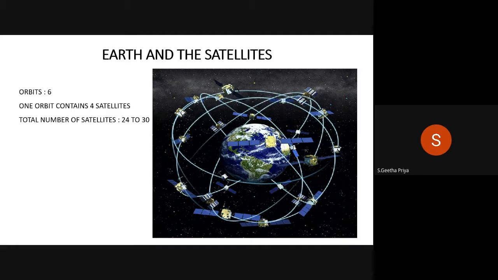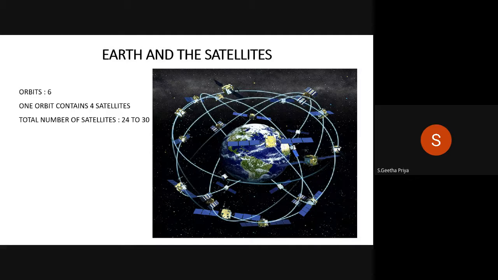But this 24 represents the operational satellites for 95% of the time. We can access GPS at any time, right? So for operation, these 24 satellites are the operational satellites, used for 95 percent of the time. And we know GPS is owned by the USA. So the USA has placed additional satellites, six to seven, as backup satellites.